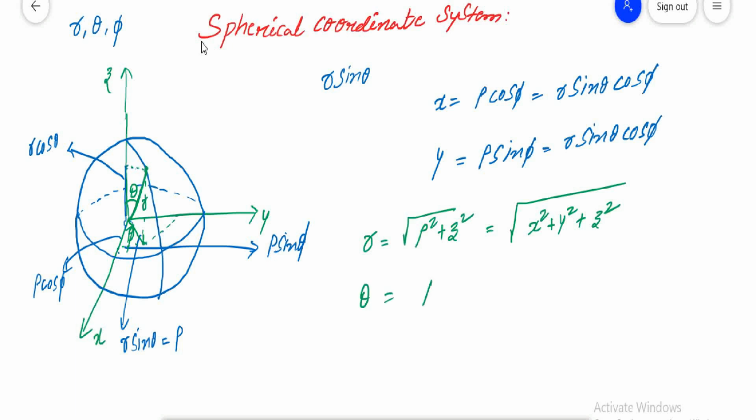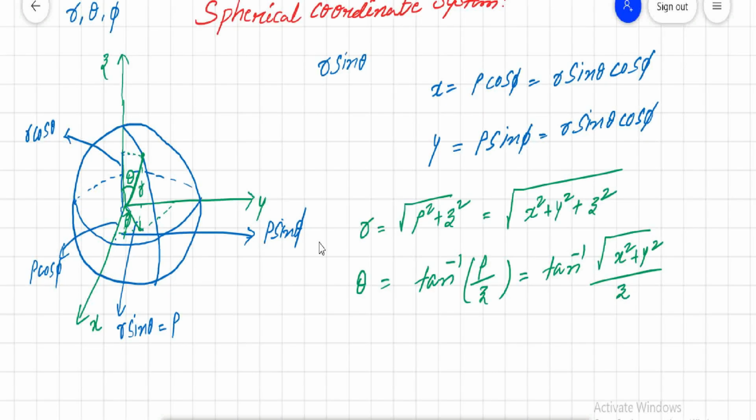tan inverse of rho by z. Theta is equal to tan inverse of rho by z, which is nothing but tan inverse of under root of x square plus y square by z. So that is theta in terms of rectangular coordinates. Next is phi.